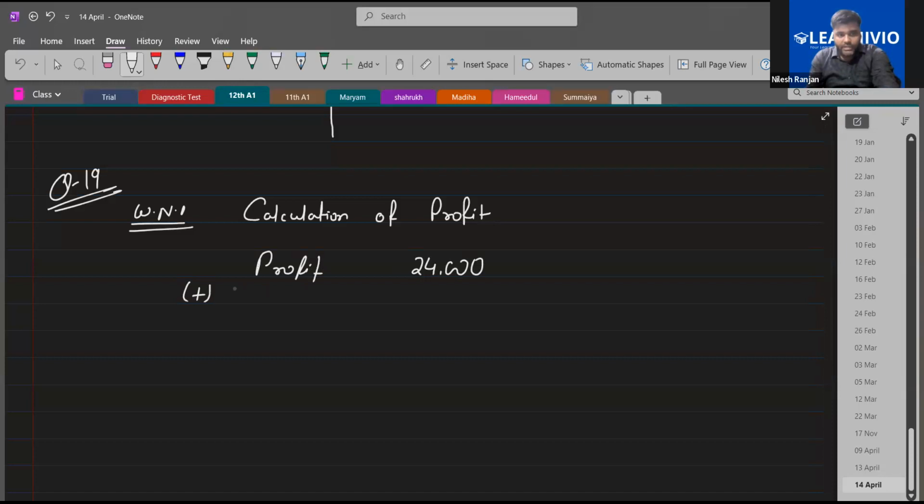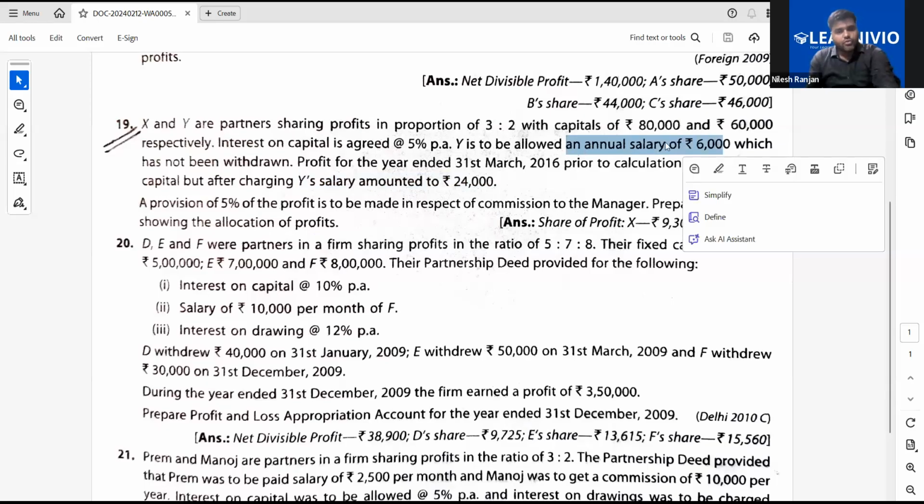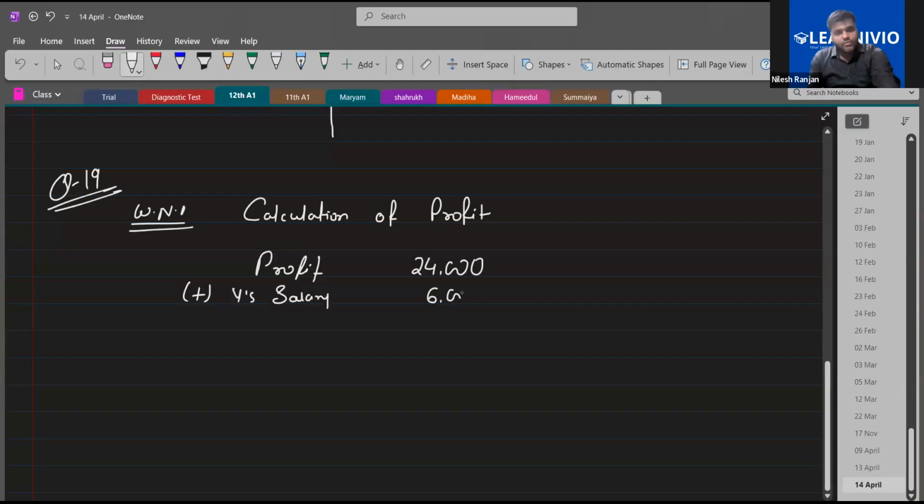We will add Y salary, 6,000. We'll add it now and subtract it again later, when we prepare profit and loss appropriation account. So this is the profit.